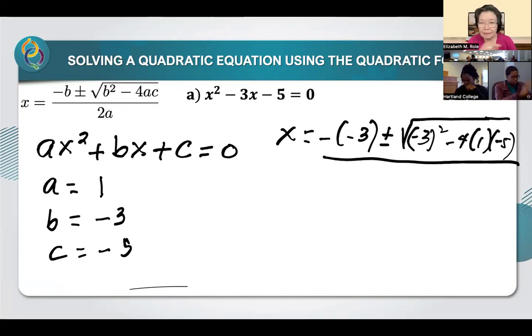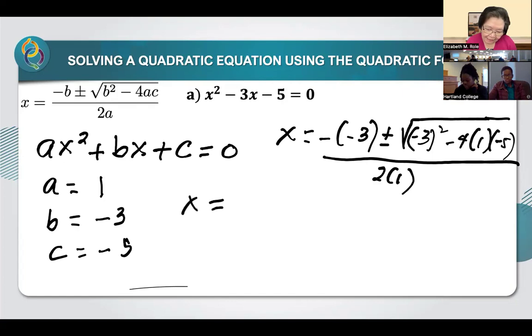Take note that the 2a is the denominator of the whole quantity up there. If you're used to this, you can immediately put in that minus 3 squared is 9 and so on. But let us just do this step by step.